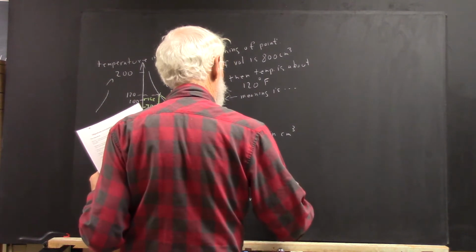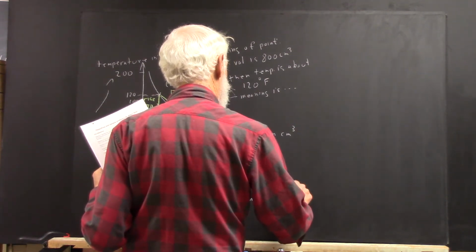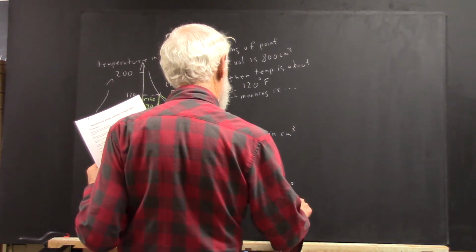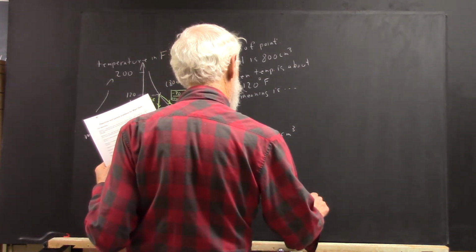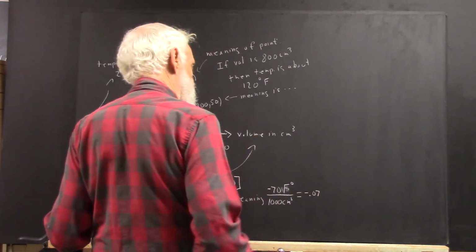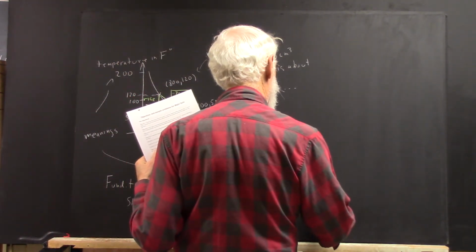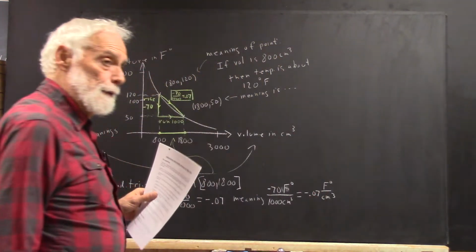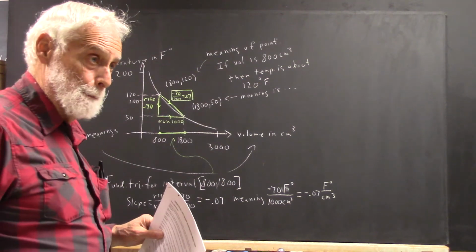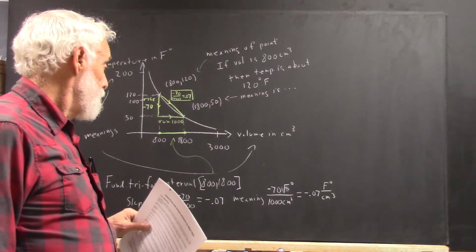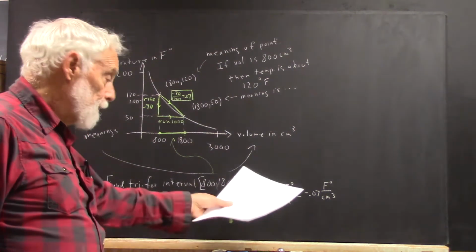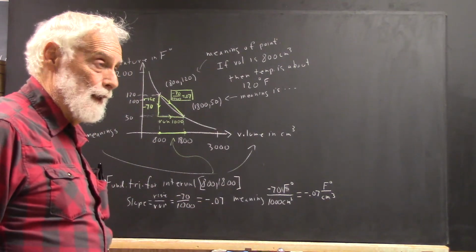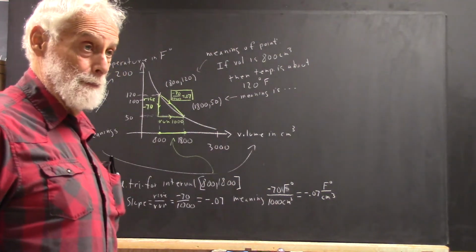Negative 70 Fahrenheit degrees divided by 1,000 cubic centimeters, which comes out to negative 0.07 Fahrenheit degrees per cubic centimeter. Okay? Now, what does that mean? That's your interpretation. It's the best interpretation you can give it.